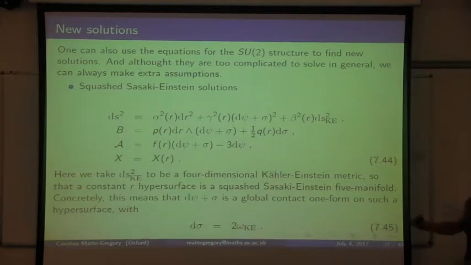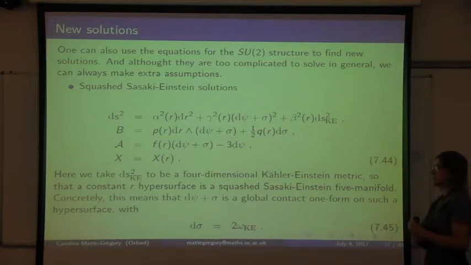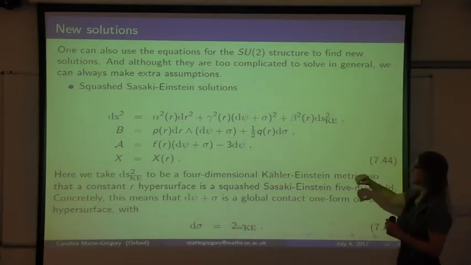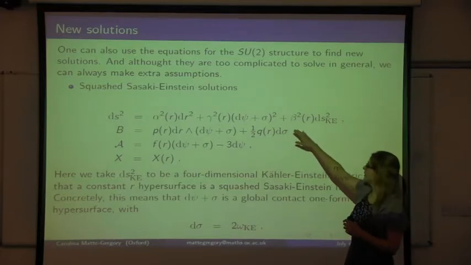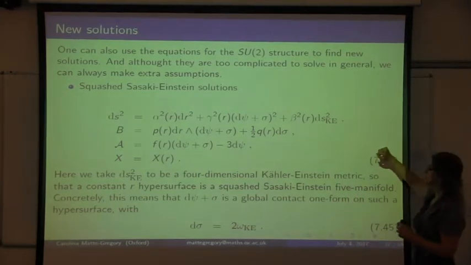Right. Another thing you can do is actually look at some generalizations of these things. So, in particular, a simple generalization to make. So before we had some two-dimensional fibration over CP2.